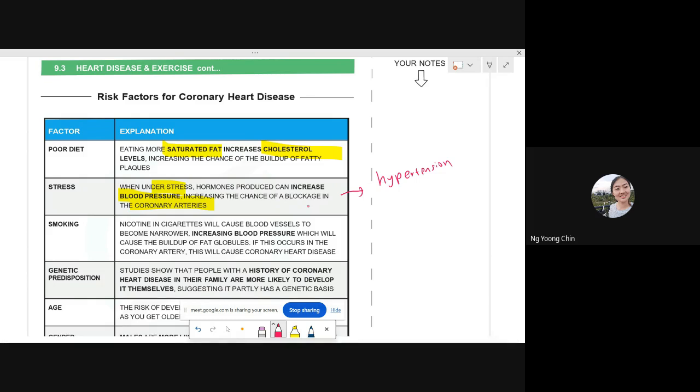We call it systolic and diastolic, right? Diastole and systole. This you don't need to memorize, I just let you know more. Diastole means relaxation of the heart. Systole means contraction of the heart muscle.